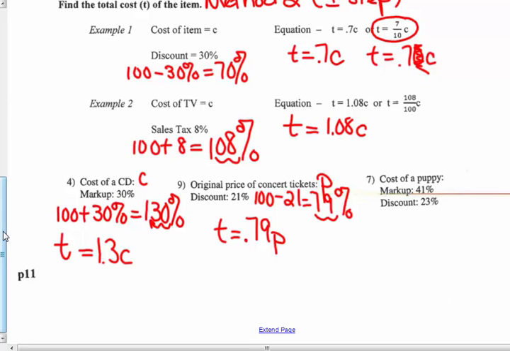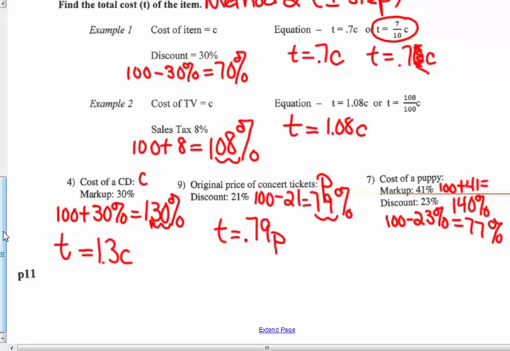The cost of a puppy. So you go to a local pet store and they're increasing the price of the puppy by 41%. Well, markups, 100 plus 41 would give me 141%. But then they decide after a couple days he hasn't sold, oh, poor thing, then they decide to discount it 23%. So the discount, 100 minus that 23%, would give me 77%.